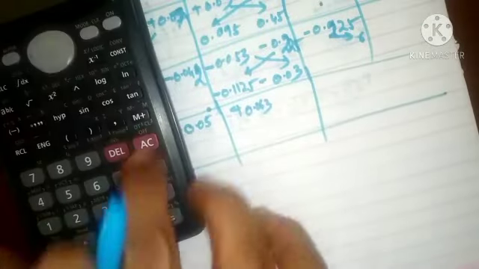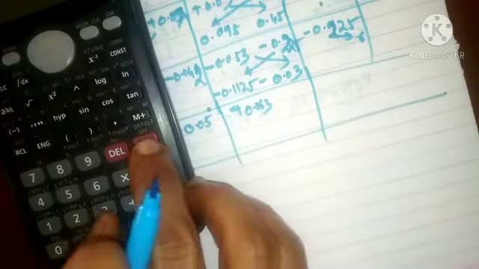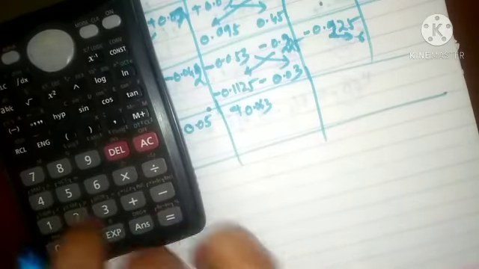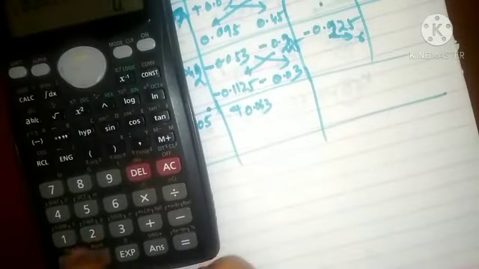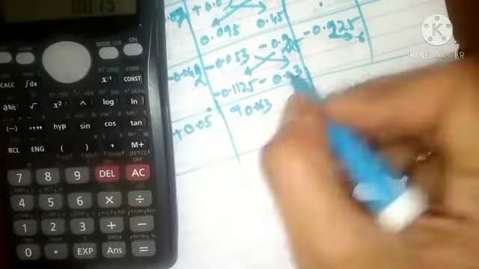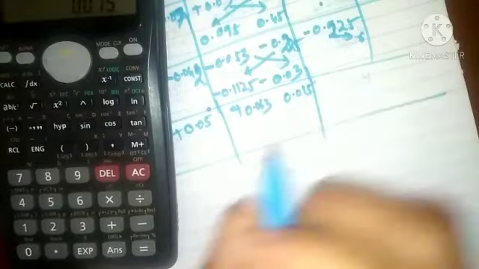Next is 0.03. 0.053 divided by 2, you got it as 0.0265, which you make it as 0.03. 0.03 into 0.5, whose value is 0.015.